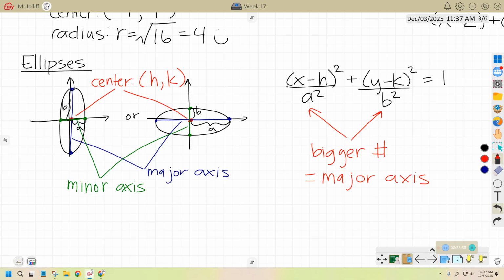So if A is bigger, the x-axis is the wider side. It's a long, flat ellipse. If the bigger number's underneath the y, y is the major axis. It's a tall ellipse. So for ellipses, I'm looking, where's the bigger number? That's the longer side of my ellipse. If it's underneath the x, x is long. If it's underneath the y, y is long.